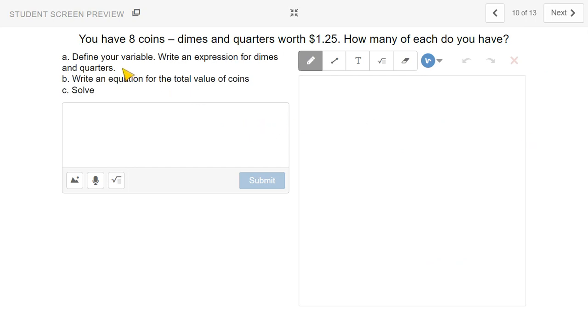Let's try another question. So you have 8 coins, dimes, and quarters worth $1.25. How many of each do you have? So first thing we're going to do, we're going to write an expression for the number of coins.